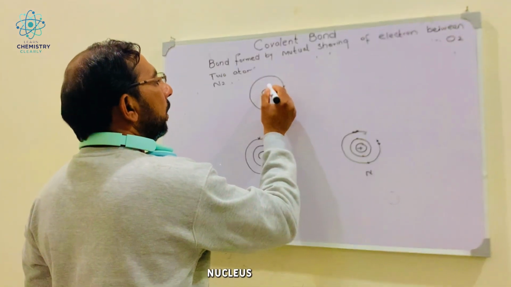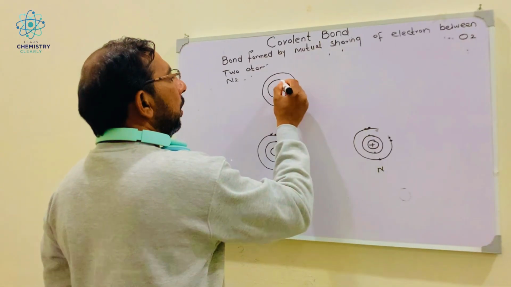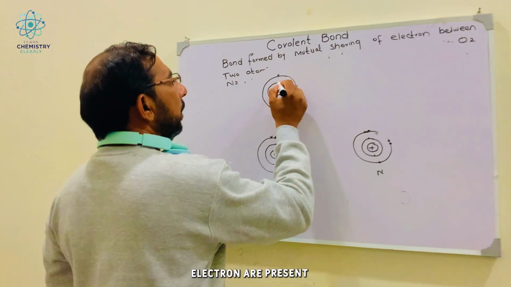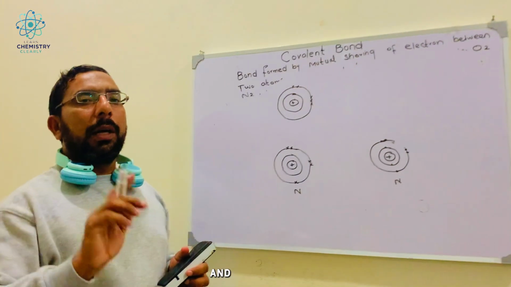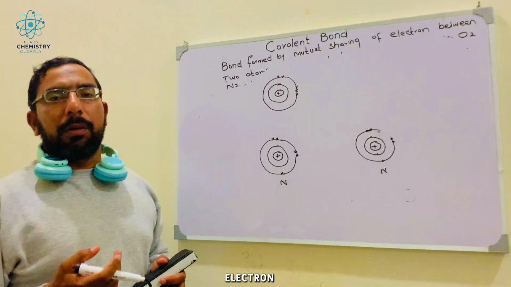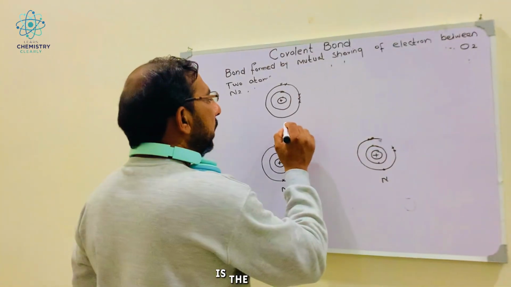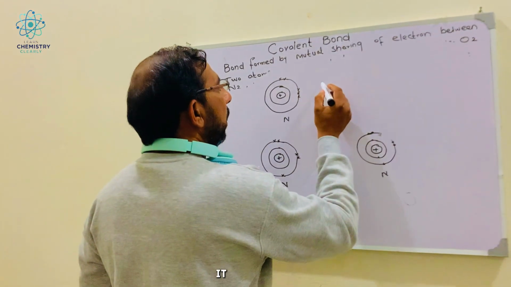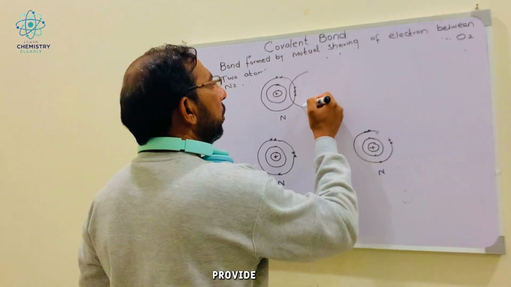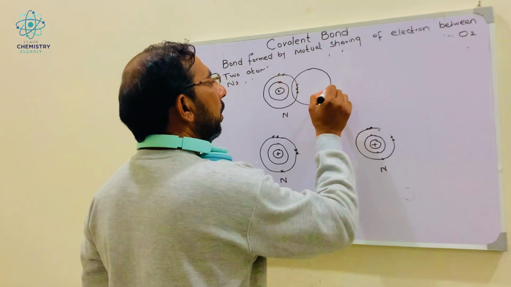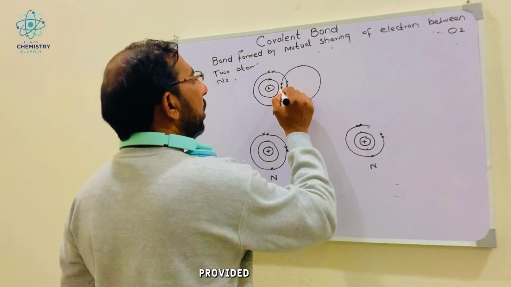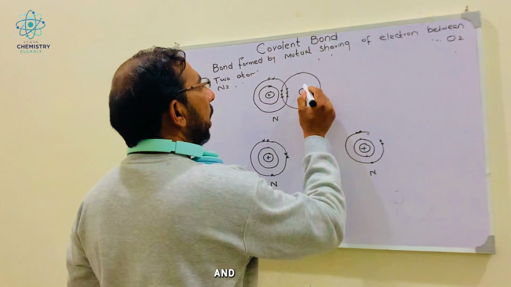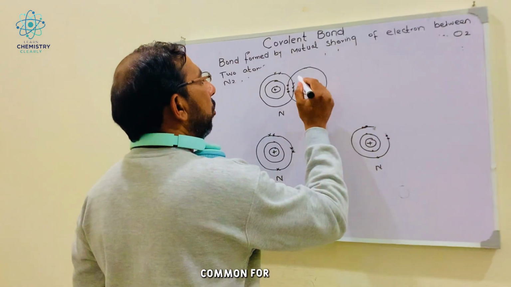This is the nucleus, this is the K shell, and the 2 electrons are present which will not participate for the formation of bond, and you know that is called lone pair of electron. And now this is the other nitrogen atom. It will also provide 3 electrons like this. These electrons are provided by other nitrogen atom, and they are common for both atoms.